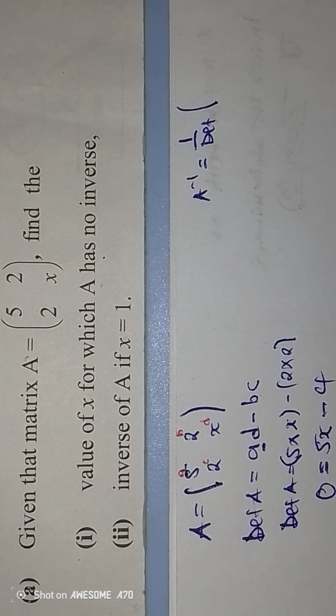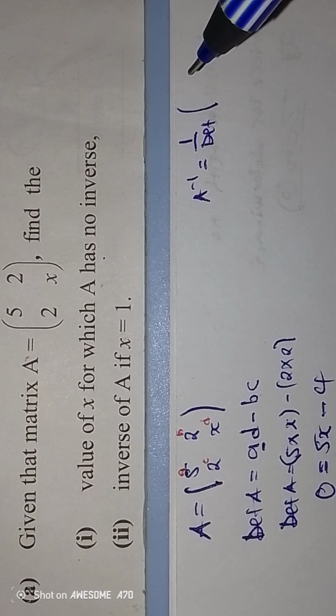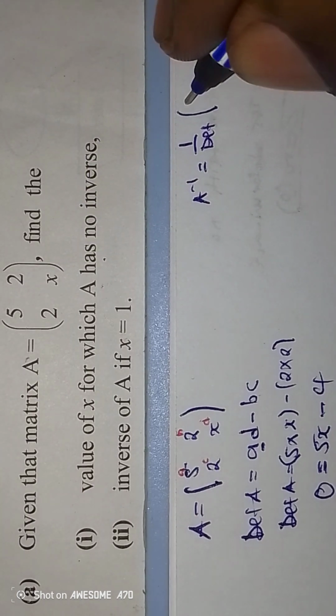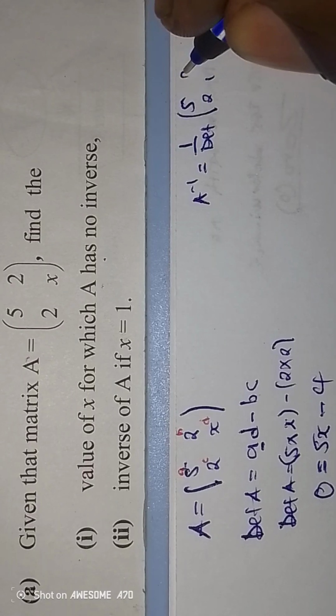In this case, you are told to find the inverse of A if x is 1. So where there's x, you replace with 1. So 5, 2, 1, 2.